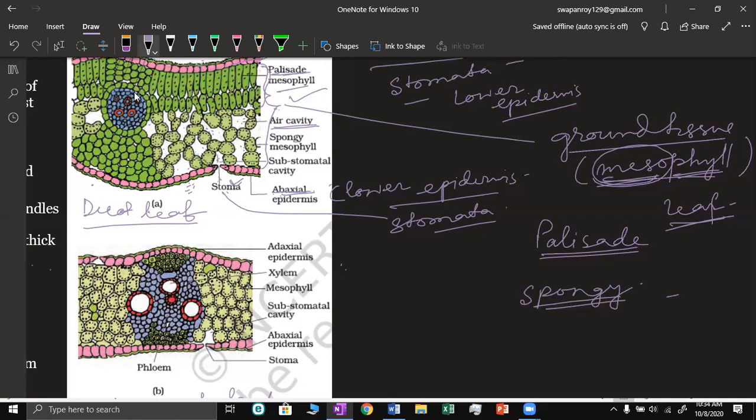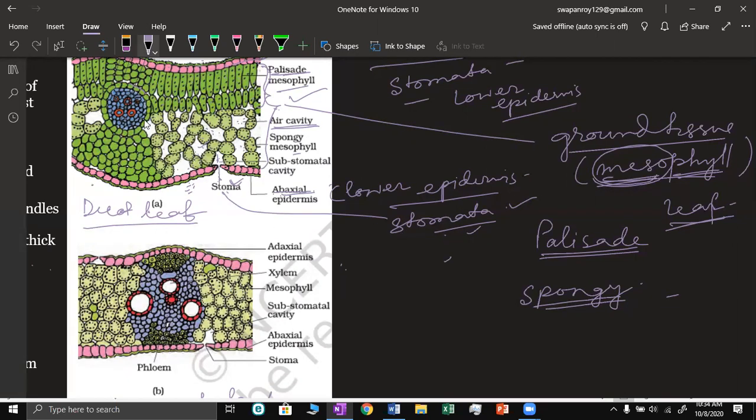And this one is the vascular bundles. In the dicot leaf, vascular bundles are many, and the vascular bundles represent the veins in the leaf. In the dicot leaf, the venation is reticulate. You can say the veins are almost scattered, and there are thick veins, thin veins, veins of different thickness.